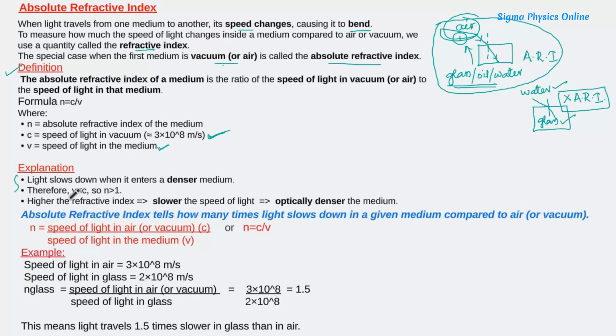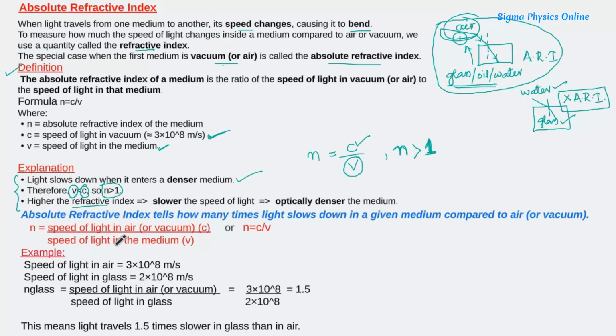Now let's understand the easier explanation of this: light slows down when it enters a denser medium. Therefore, the speed of light in the second medium is less than that of the speed of light in vacuum or air. So the refractive index will be more than 1, because you see here N is equal to C by V. Now if V is less, then the value of N will be more, so the refractive index N will be greater than 1.